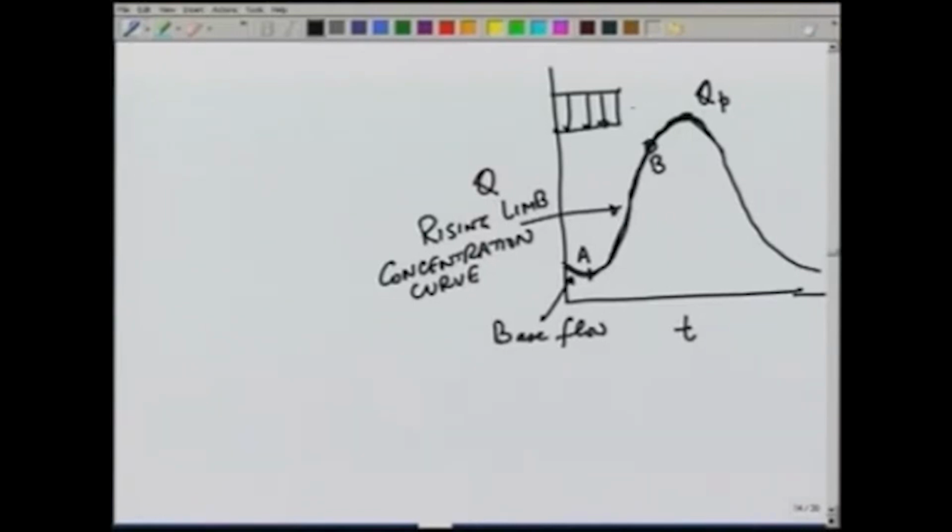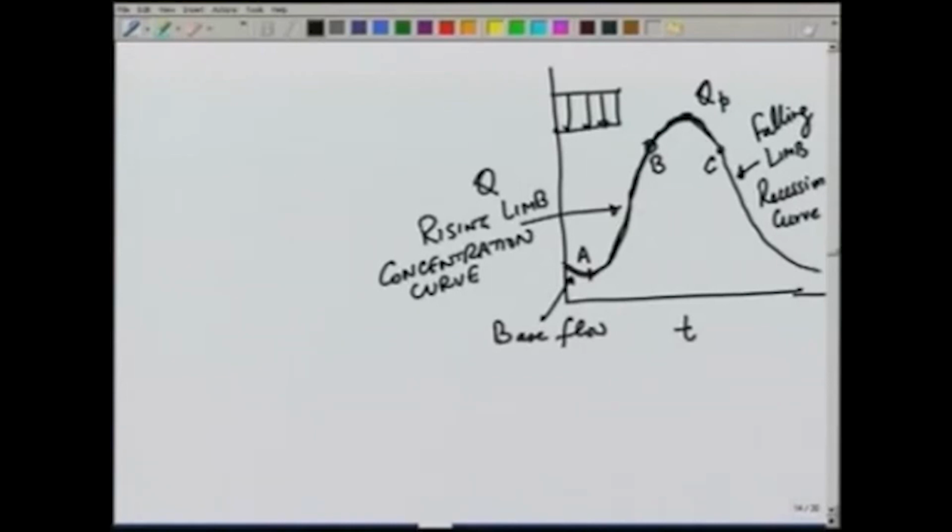Similarly, when the rain has stopped and the flow is now reducing, on the falling limb, which is also known as the recession curve, because now water is receding, the nature of the curve is changing from convex upwards to concave upwards, and there will be another point of inflection here, where before that the curve is convex upwards and after that is concave upwards.